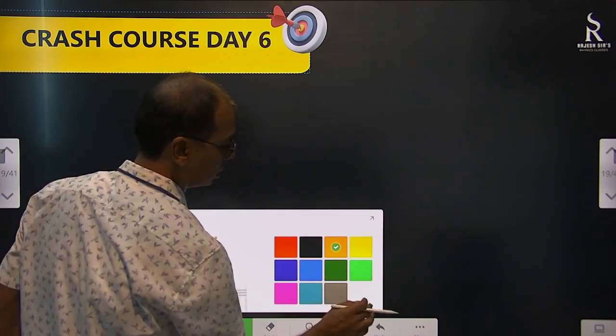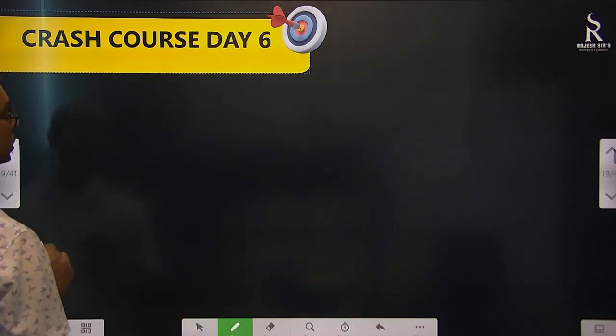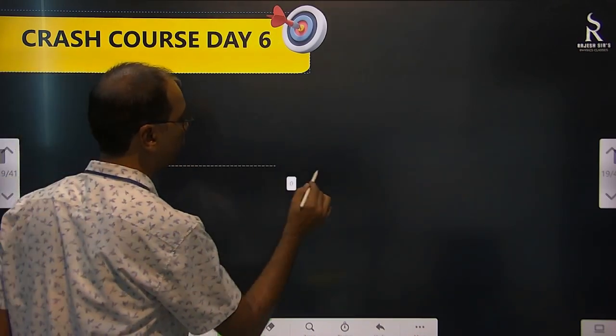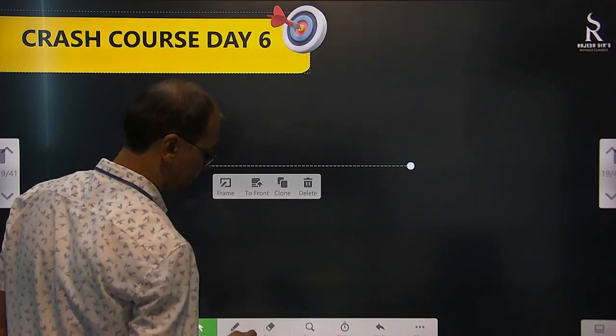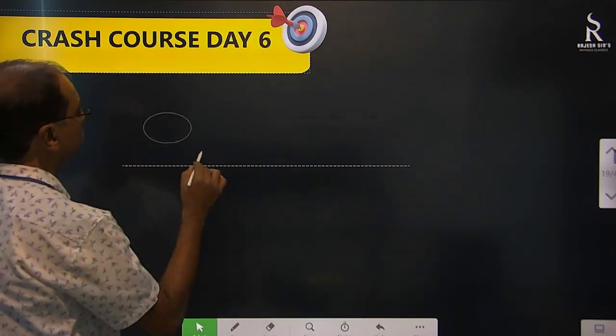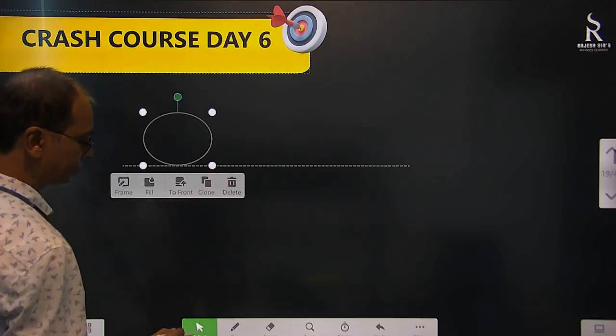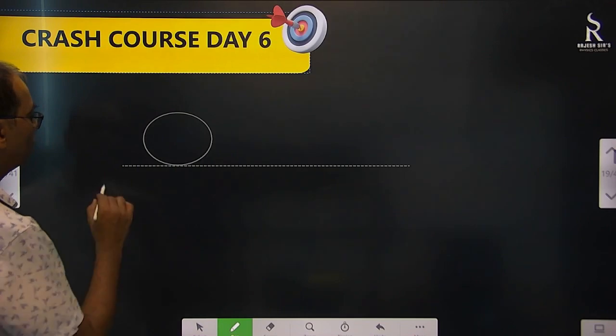Then, other than this, are there any more questions that can be asked from us? Yes, obviously. Suppose there is a ball, a hollow sphere you can take. This is a rough surface.